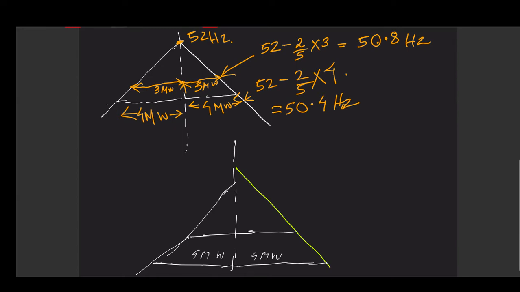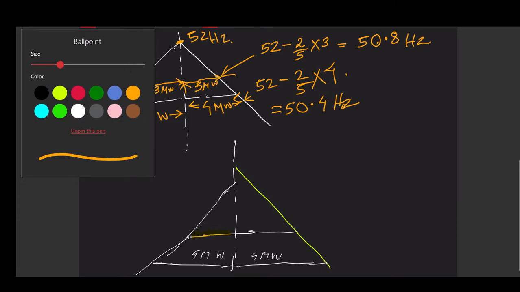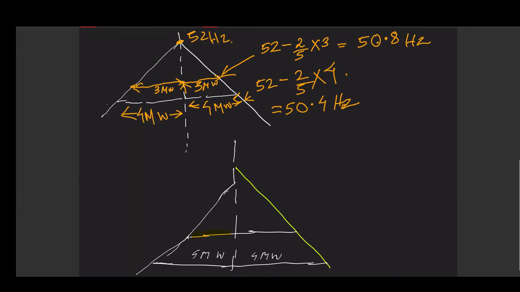But here one strange thing you will observe: the load shared by the generator having a small slope is less than the one having a steep curve, or a high rate of change, in its governor speed torque characteristics.